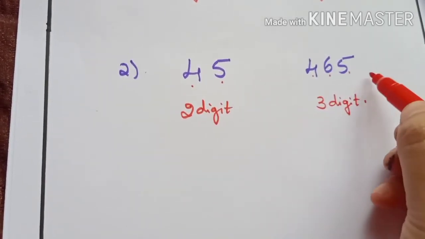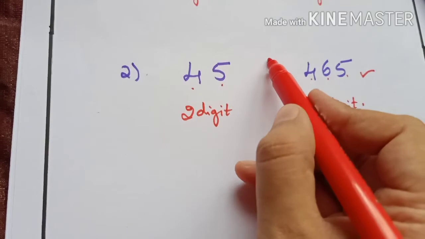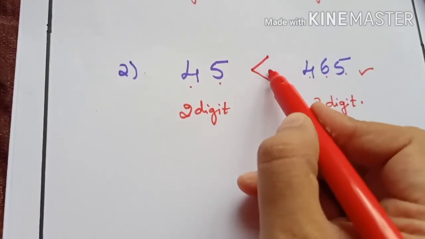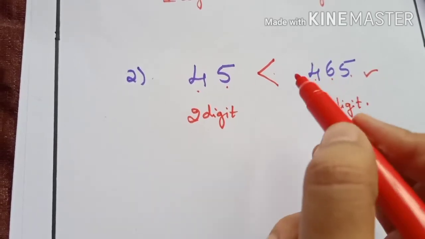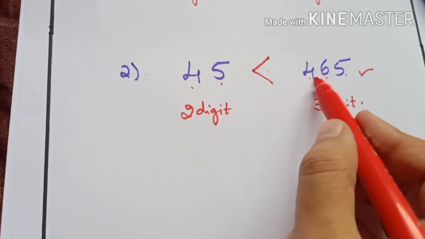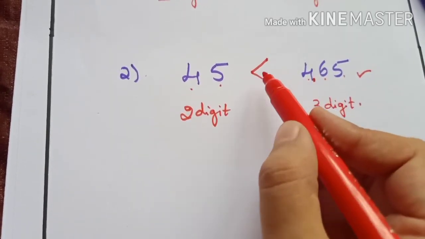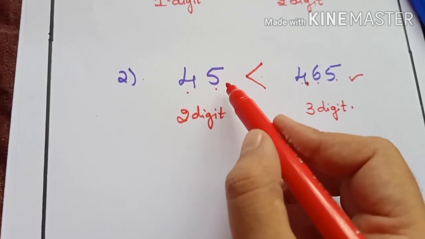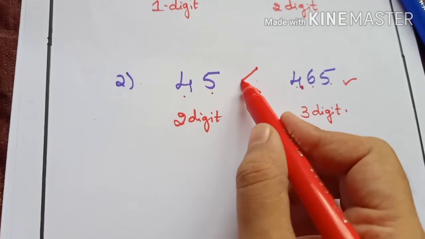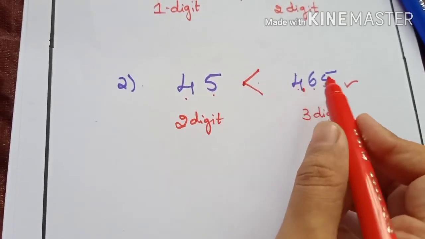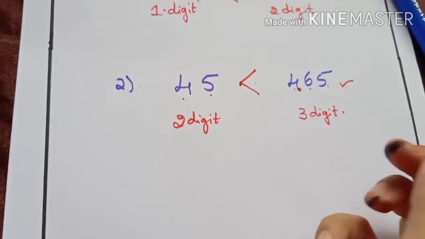Obviously the 3 digit number is greater, so the open side should come towards 465. This resembles 465 is greater than 45, or you can also read it as 45 is lesser than 465.